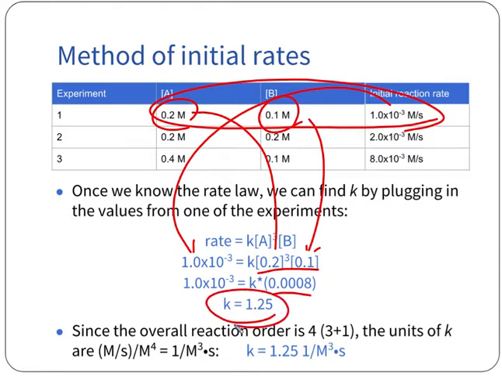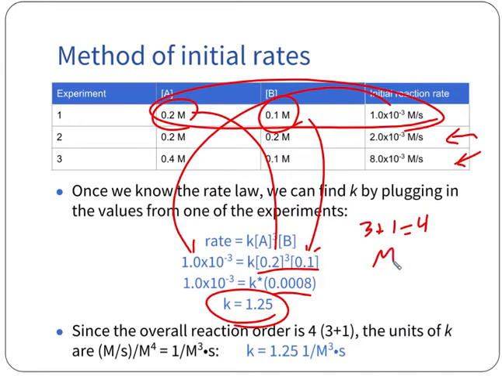We could have done the same thing with the numbers from reaction 2 or reaction 3. We'd get the same result right here. And so we know K. We do need the units on K. So to do that, we have to look at the overall reaction order. So it's going to be 3 plus 1, which is 4. That is our reaction order.